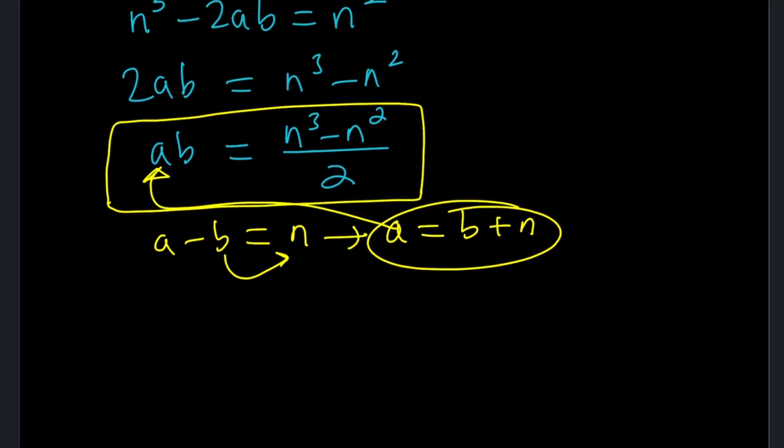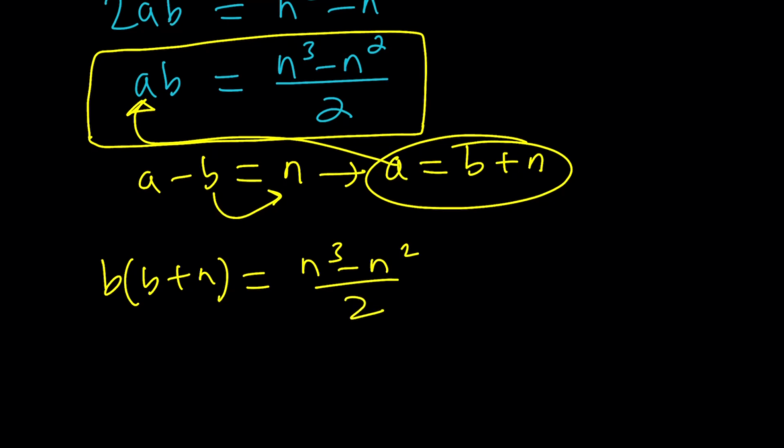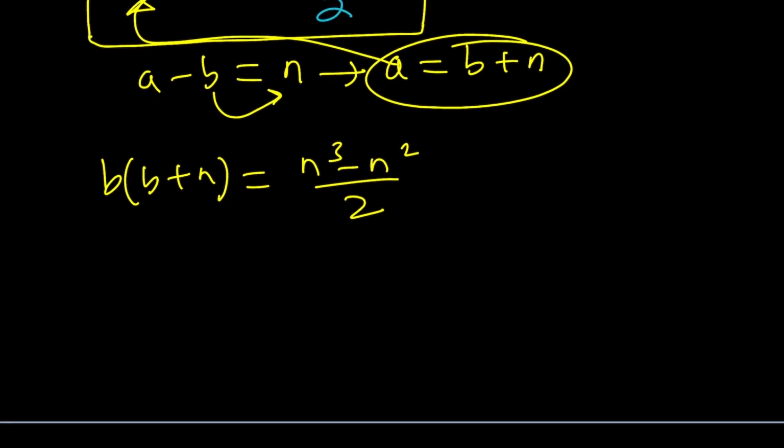That's going to give us the following. A times b, or b times a, which is b times (b plus n), equals (n cubed minus n squared) divided by 2. Don't worry about the division by 2, because that is going to be taken care of in a little bit. But here's what I want you to notice.